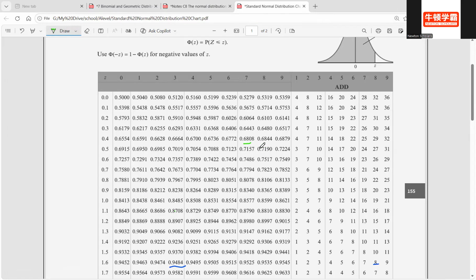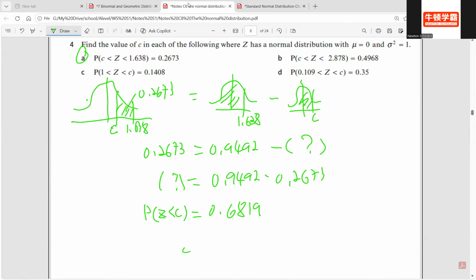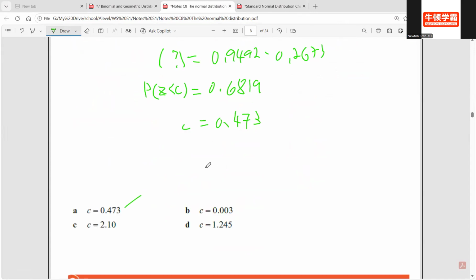You subtract it, and actually the difference is 11. So the 11 value here, my answer will be 0.473. So the C value will be 0.473. Okay, so I will get the answer correctly.